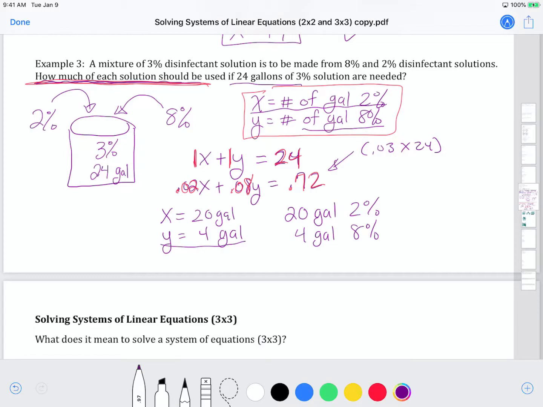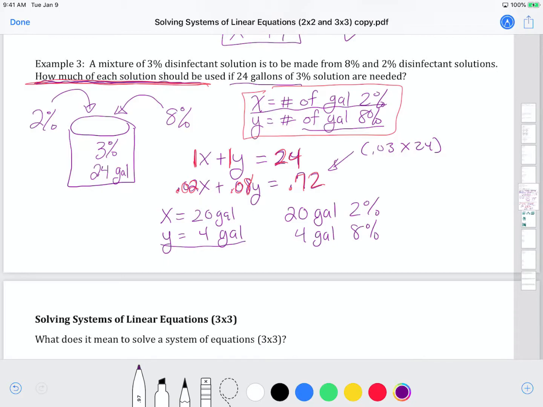Now, typically on an exam, I usually give you one system of equations that you have to solve by hand and one system of equations that you can use your calculator for. So when I want you to use your calculator to solve it, I will specifically say in the question you can use your calculator to solve.